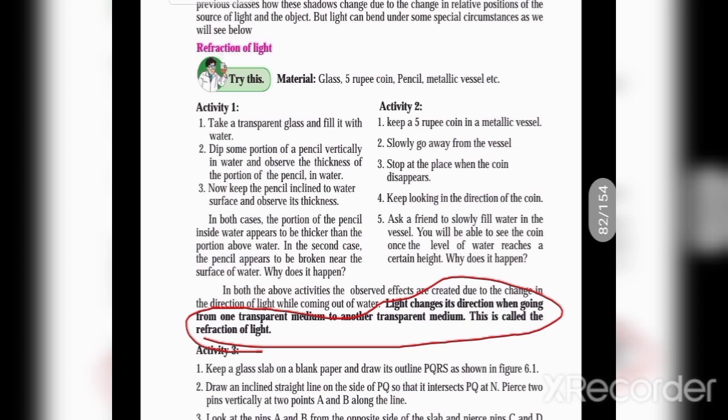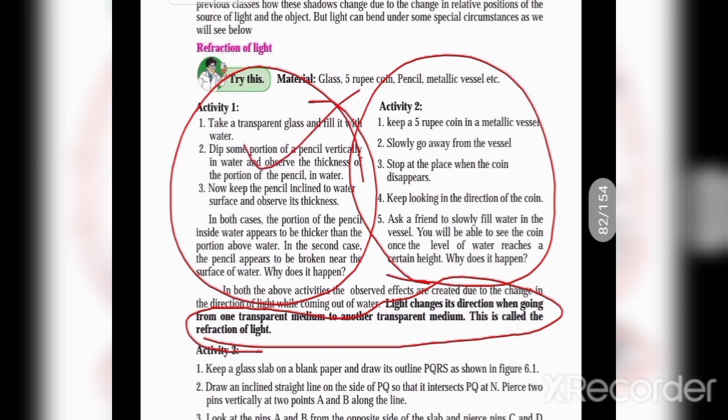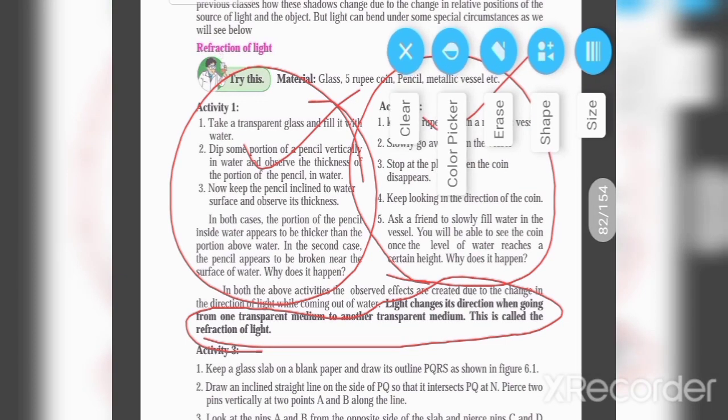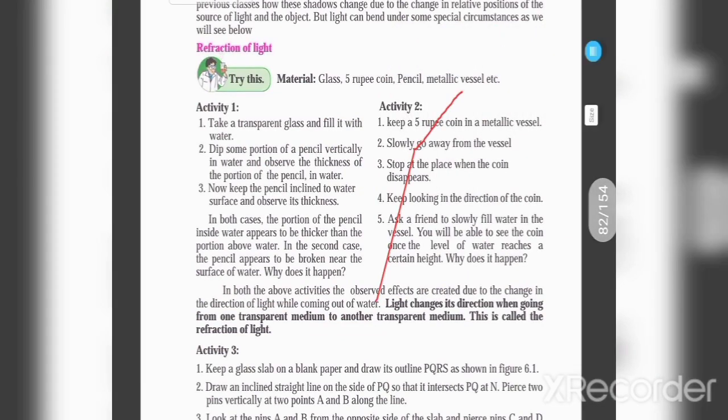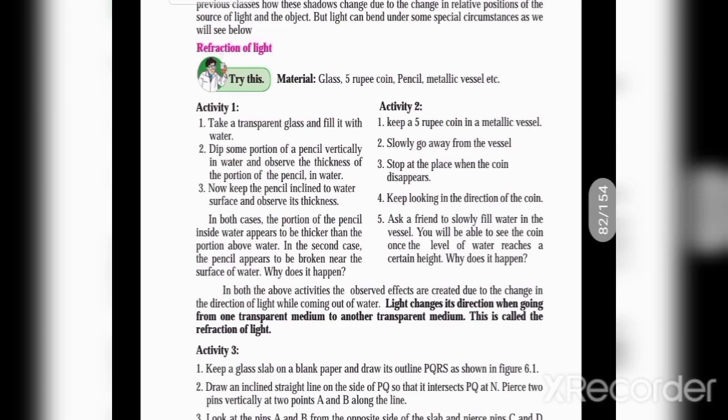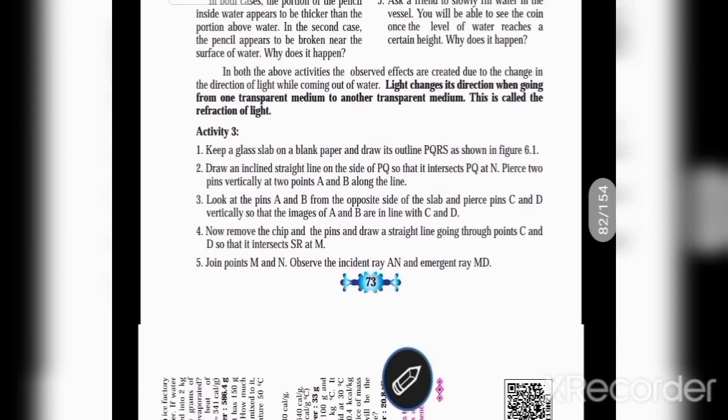This is called the refraction of light, and we already understood it from these two activities. Another activity, number 3, is given, and that activity is very important because you have the practical on the basis of this activity.